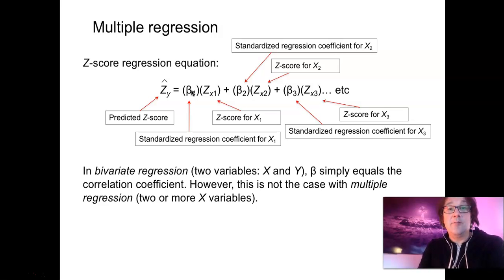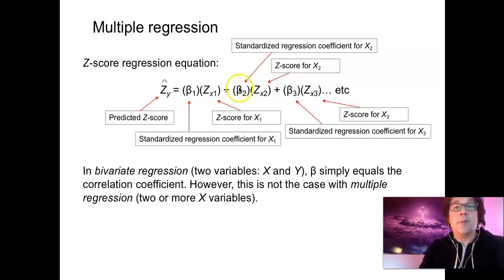But remember that in bivariate correlation, when we're dealing with correlation between two variables, x and y, this beta value, this standardized regression coefficient, is equal to r. So this beta 1 is just the correlation between x1 and y.